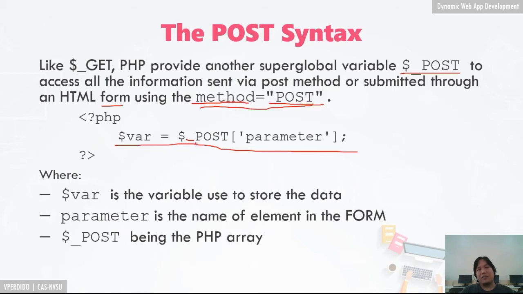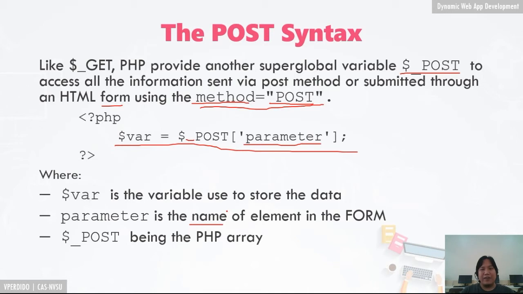So take note, since the data is invisible, we can still get that invisible data using our post. Then again, of course, this parameter, take note, is the name of the element you declared inside your form.